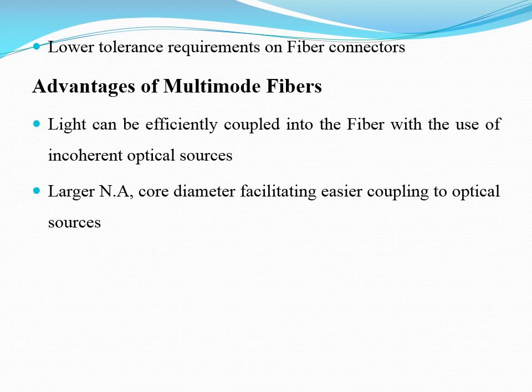So light from the optical source can be easily coupled or launched into the optical fiber due to the larger numerical aperture, and also due to the core diameter. Since the core diameter and numerical aperture are larger, it is very easy to couple the optical signal.